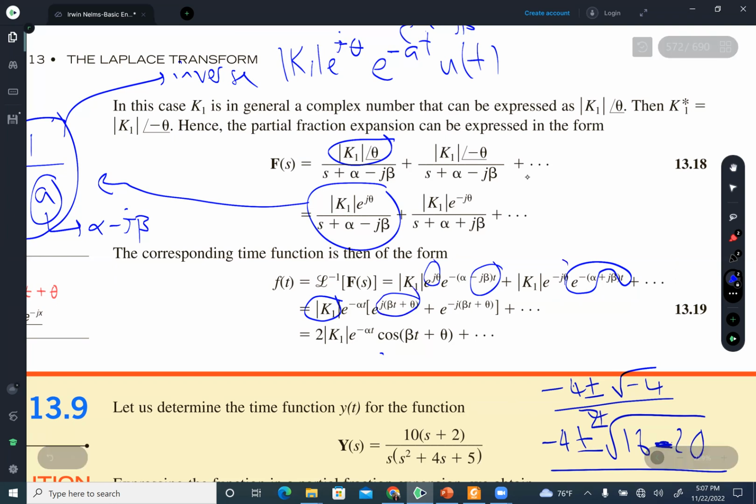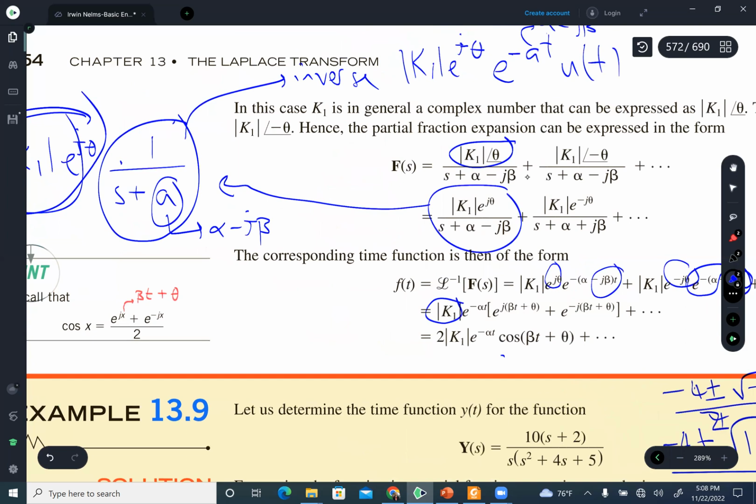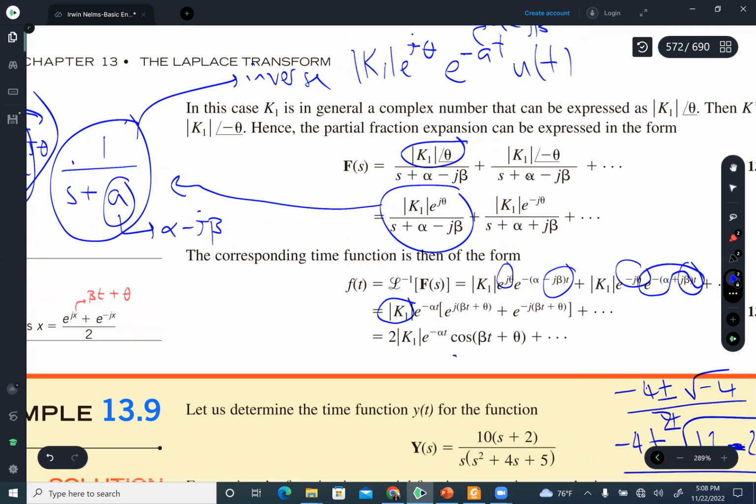And if you take this guy and combine it with this one, that's going to give you that one. And that's exactly of the form e to the j something plus e to the minus j of that thing, right? But we know that that's some form of a cosine. Cosine is e to the jx plus e to the minus jx over 2, right? Here the over 2 is missing, so we get an extra factor of 2, basically, right?